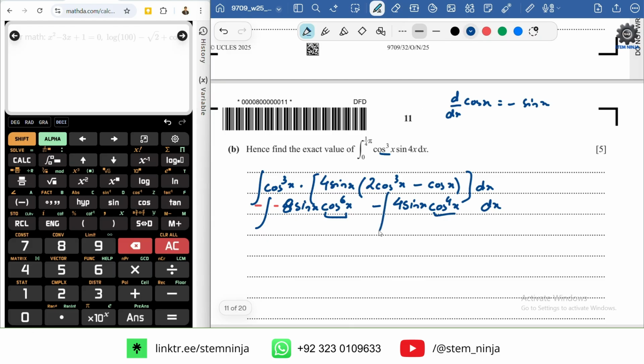In this you can integrate it separately even. So this would become minus 8.